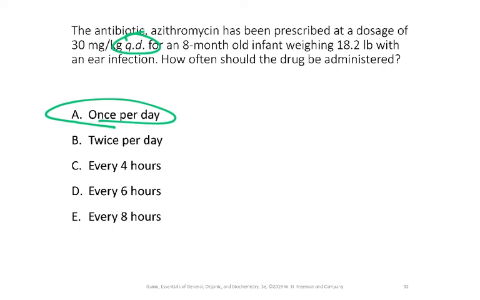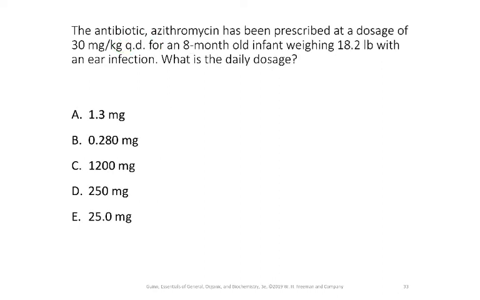Now, same information, but the question is, what is the daily dosage? So 1 time a day, how much are you going to give? Okay, so we actually have the same kind of information here as the last question, just the numbers are different. So our setup is essentially identical, but let's walk through it again anyway.